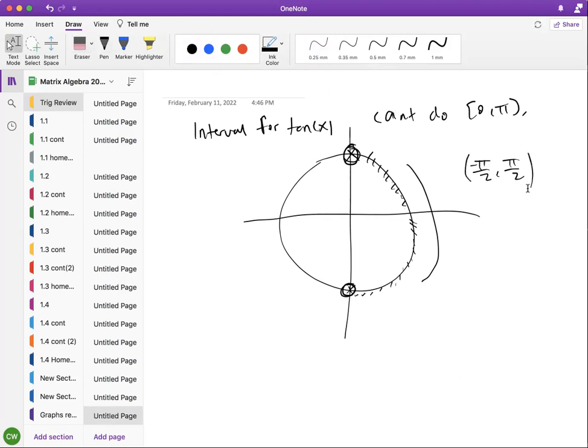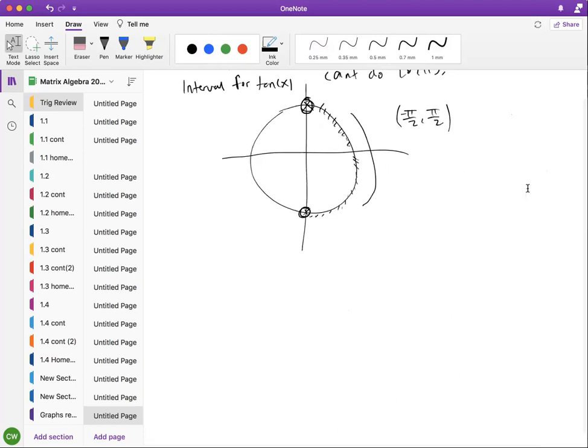By excluding pi over 2 and negative pi over 2, so the interval should be open, not closed, I don't have any range issues. So if I look at values between negative infinity and infinity, it will output an angle.